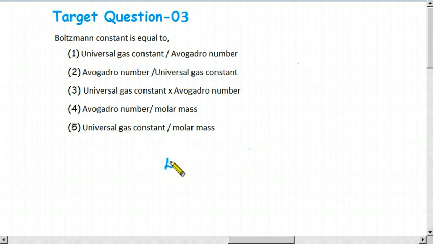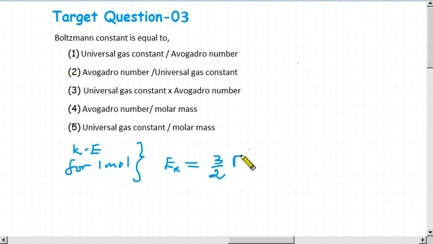The kinetic energy for 1 mole is given by the equation 3 divided by 2 RT.